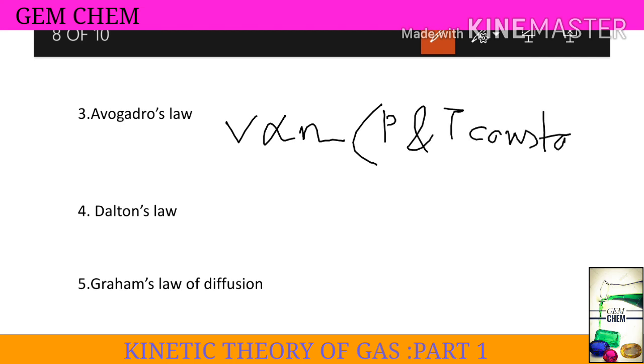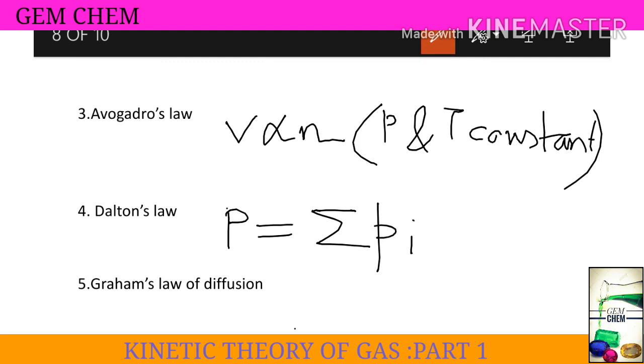We will derive the ideal gas equation using the first three laws, that is Boyle's law, Charles' law, and Avogadro's law. Next comes Dalton's law. Dalton's law states that the total pressure of an ideal gaseous mixture is the sum of individual partial pressures of the gases, that is P is equal to the summation of each individual pressure.